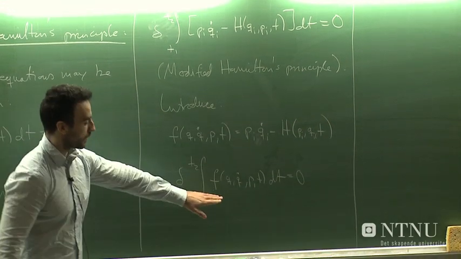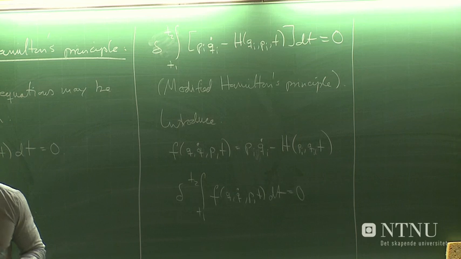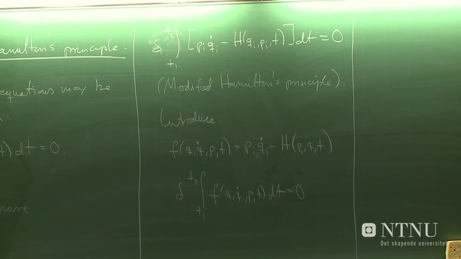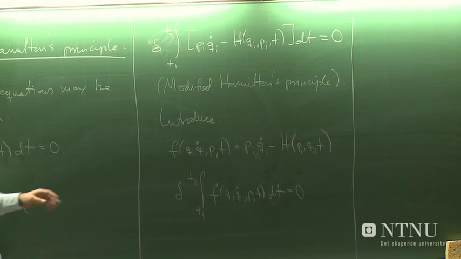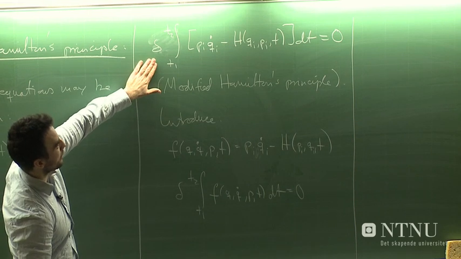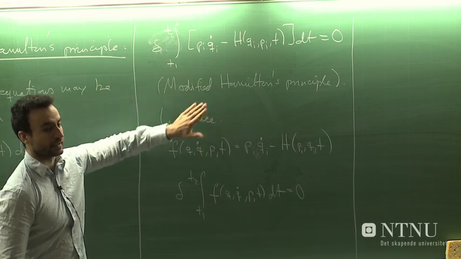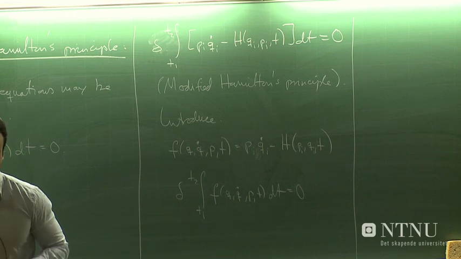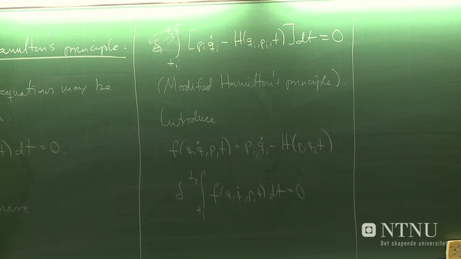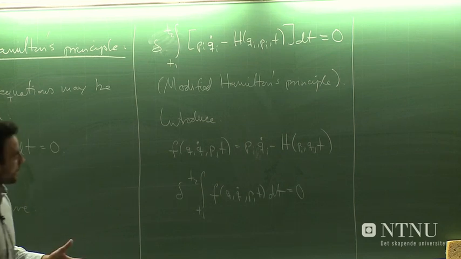Now, if you remember how we proceeded when we first derived these Euler-Lagrange equations from the variation of the action being zero, we obtained a few terms which were boundary terms after performing a partial integration.